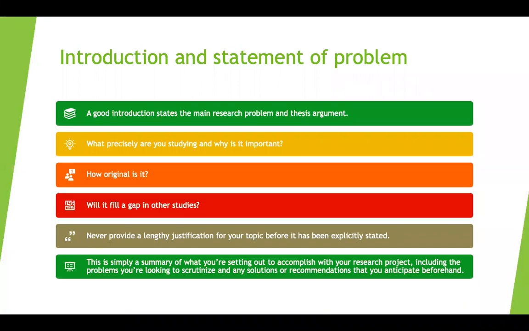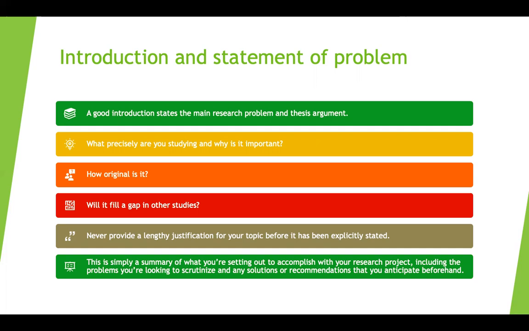The next part after the abstract is the introduction and statement of problem. A good introduction states the main research problem and thesis argument. Introduction is part of almost all scientific writing types, whether it is a thesis, technical report, research article, or review article.